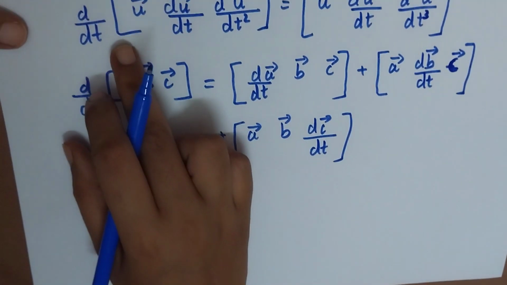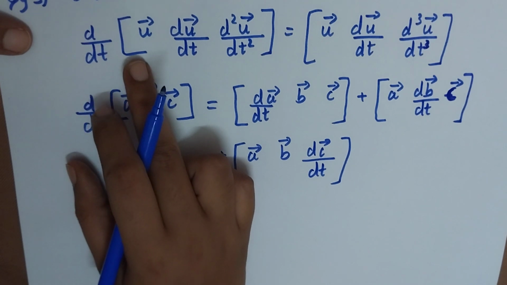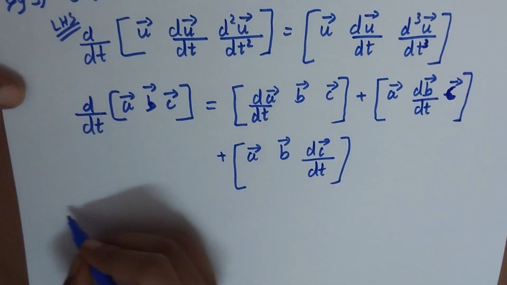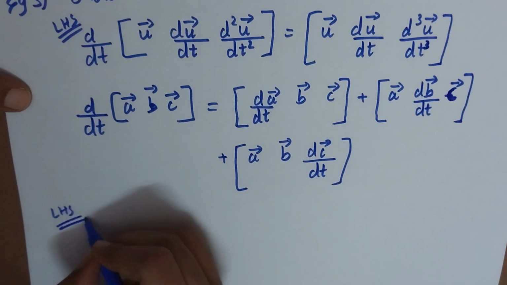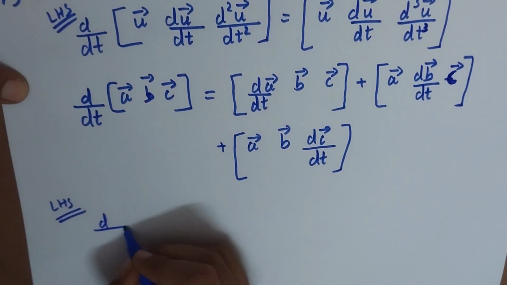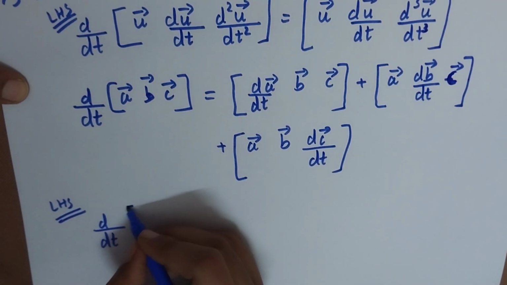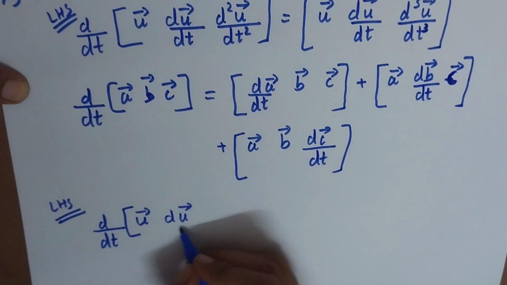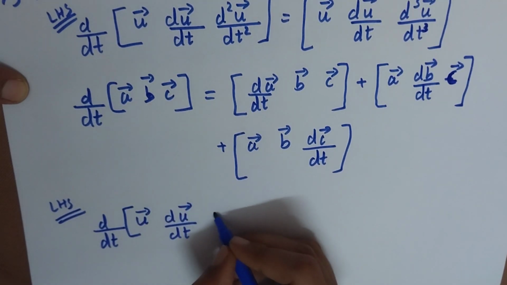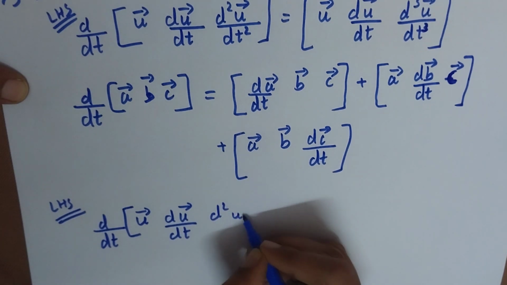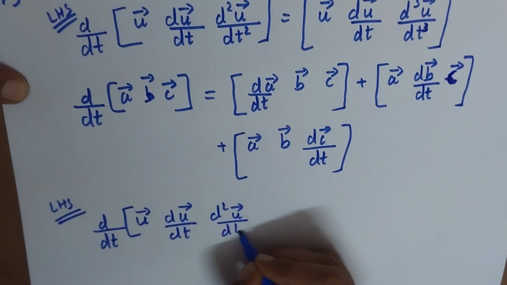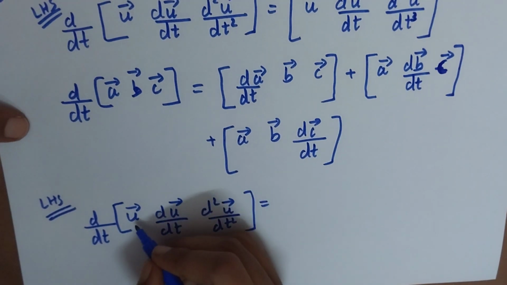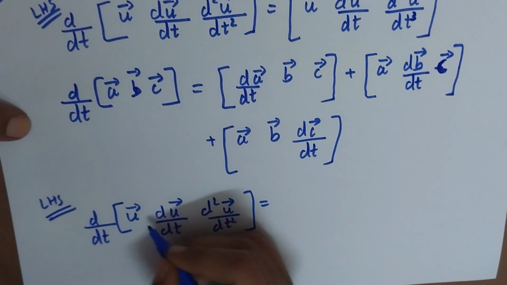So first we can take this LHS. This is our LHS. So first we are taking our LHS, d/dt of the box product [u, du/dt, d²u/dt²] equals, first we have to take the derivative of u vector.